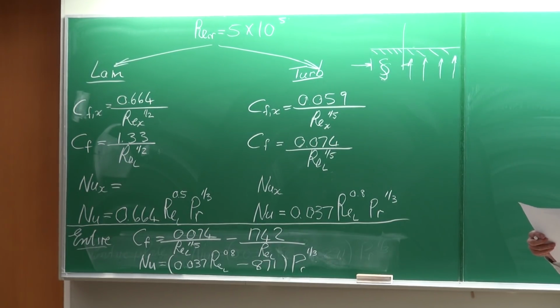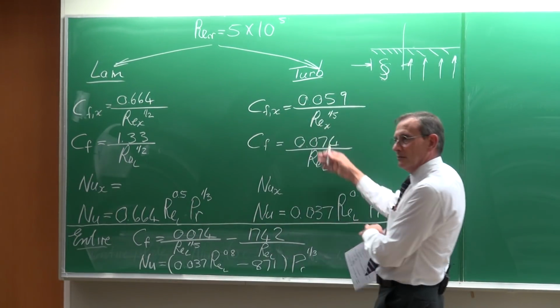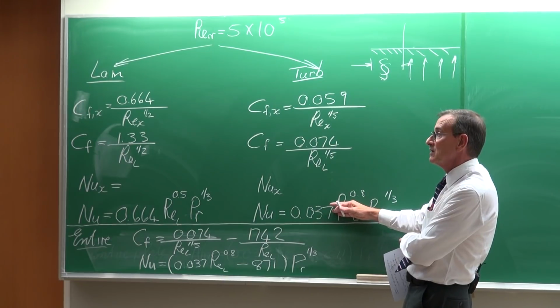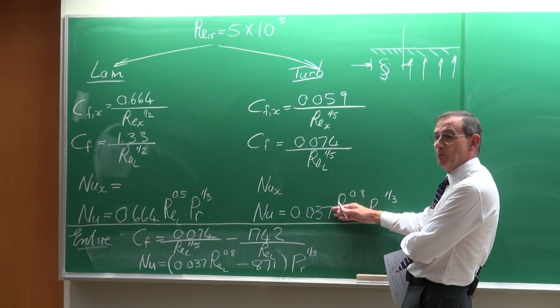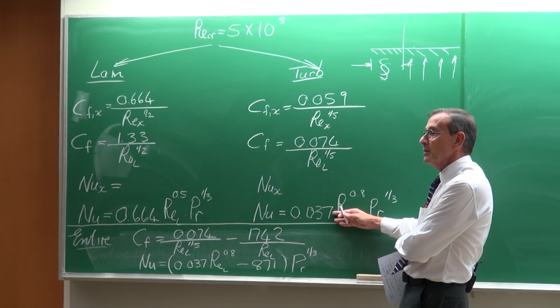So what I would like to do now is show you 3 possible scenarios: only laminar flow, then only turbulent flow, where we make the assumption that everything is turbulent on the plate. It cannot be, it never is, because there's always a laminar part.